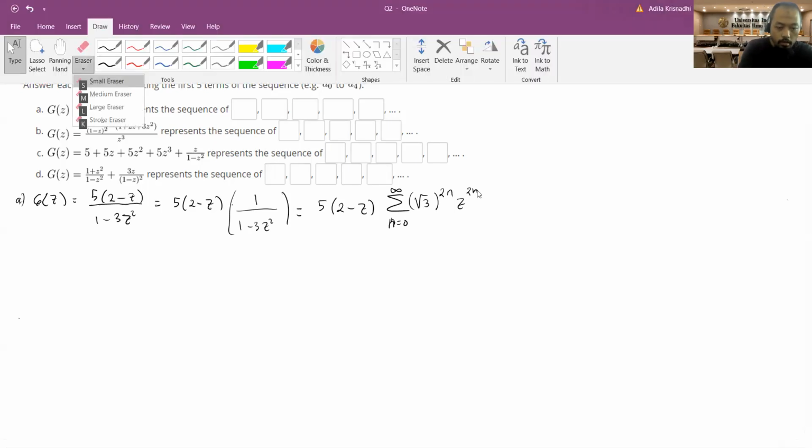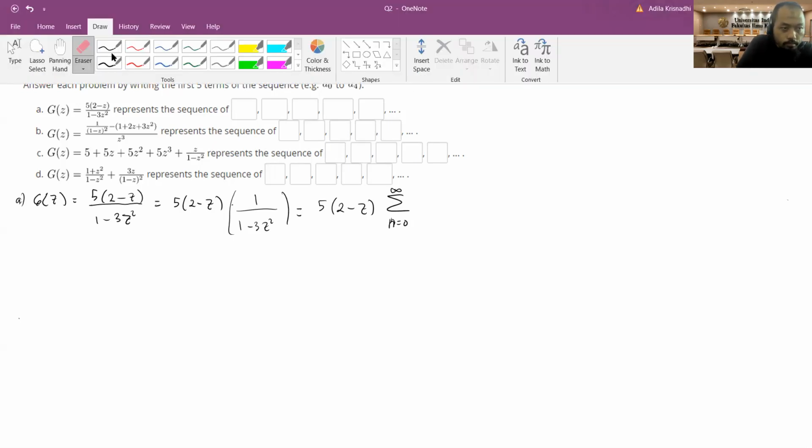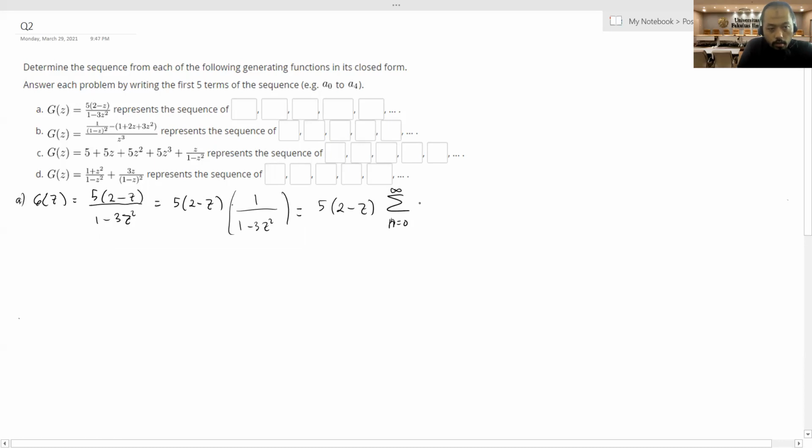Let me repeat that again. The 1 over (1 minus 3z squared) corresponds to an infinite geometric series with ratio 3z squared, 3 times z squared. So in this case, this becomes an infinite summation with the square root of 3 times z, squared, and then to the power of n.